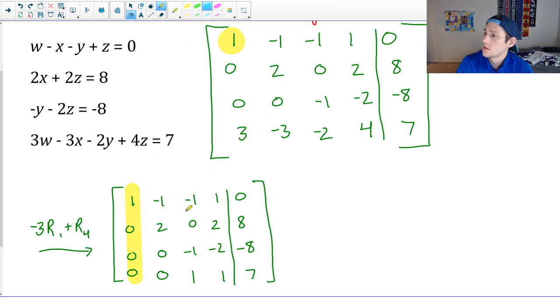So now let's move over and say, okay, now I want this to be a 1. Well, when you're looking just to create a 1, an interesting thing that you can sometimes look for is dividing an entire row. So look at this row. All these numbers are divisible by 2. So let's take row 2 times 1/2, or divided by 2.